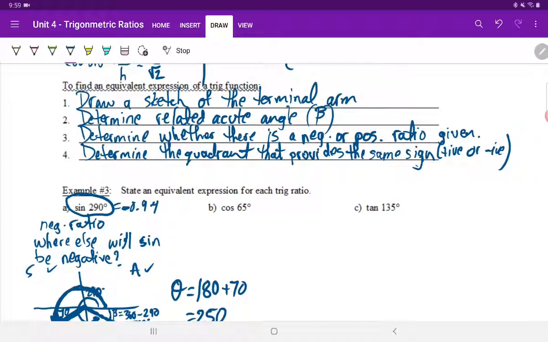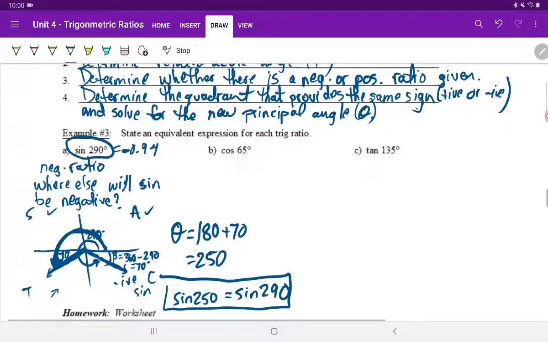Okay, so we determine the quadrant that provides the same sign and solve for theta, or the new principal angle.